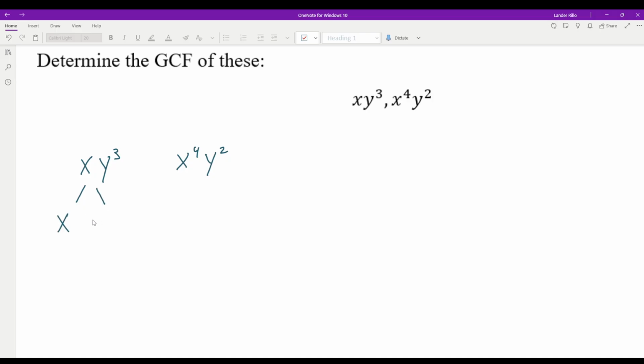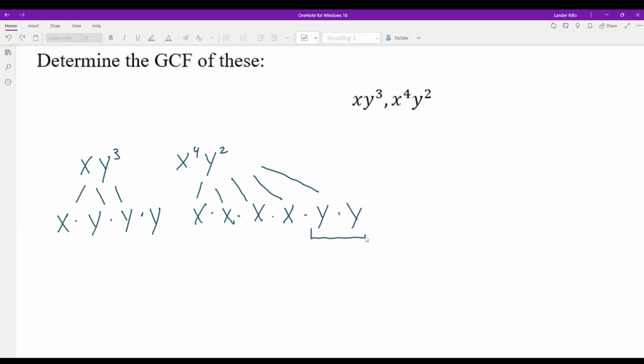X, and then a y, and then multiplied by another y, and then another y. This is y cubed, and then this is a single x there. And then here it's x, and then x. We do it 4 times, y, and y, all being multiplied. This is x to the power 4 and y squared.